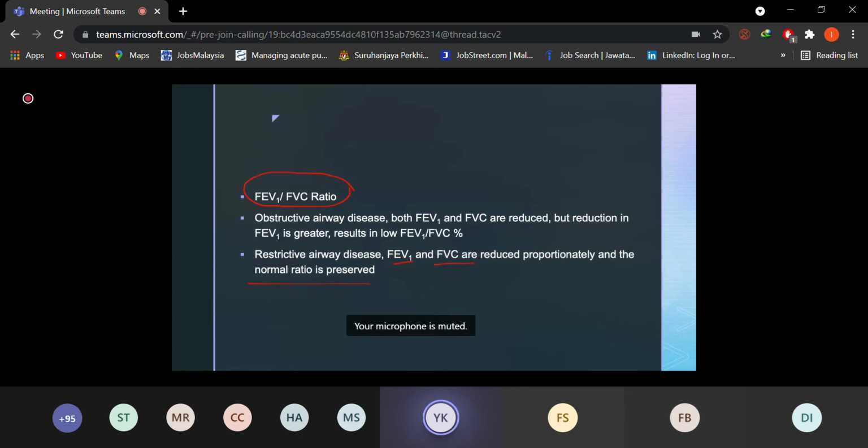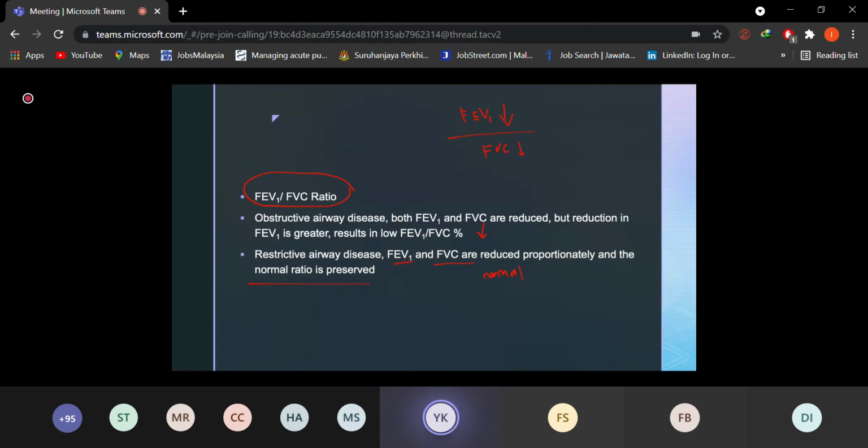It means that in order for us to differentiate obstructive and restrictive, in obstructive, the FEV1 over FVC ratio will be reduced. But in restrictive, the FEV1 over FVC ratio should be normal. Now you can see a difference. Why is it normal? First, FEV1 in obstructive disease is so much lower than the FVC.